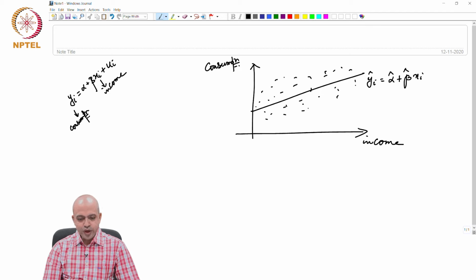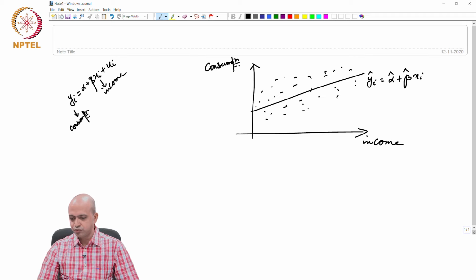That is where the goodness of fit measure, known as capital R square, comes in, and that is what we are going to learn in this module.